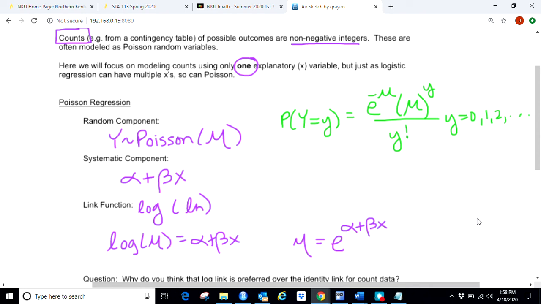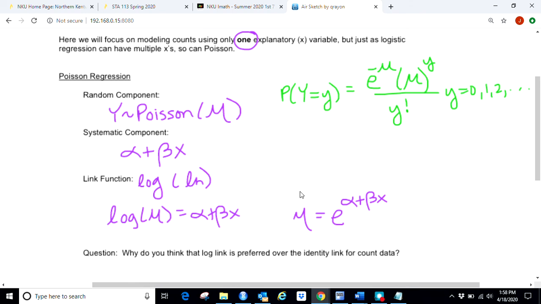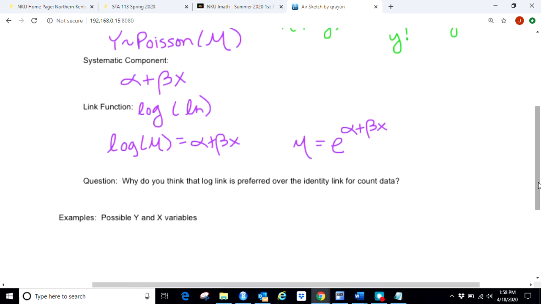Now a question that some people might ask is, why would we use the natural log link function over the identity link function? First, what do I mean by identity link function? There, instead, we would have said that mu is equal to alpha plus beta times x. Or, if you prefer, the expected value of y is equal to the population mean. This is actually what it looks like for regular linear regression. So why might we want to use the natural log link function here?